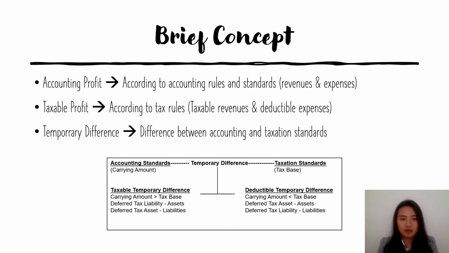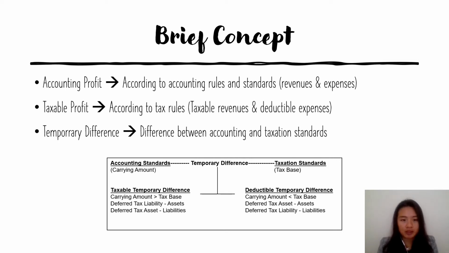It is a bit different from accounting profit because this figure is calculated from taxable revenues deducted by all deductible expenses according to tax rules. So taxable profit uses tax rules as the principles and guidelines, and the number itself is definitely different from accounting profit. Because of that, it will result in temporary difference, which is basically the difference between accounting and taxation standards.